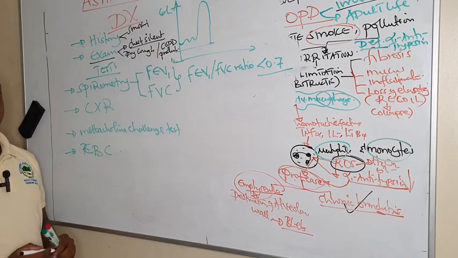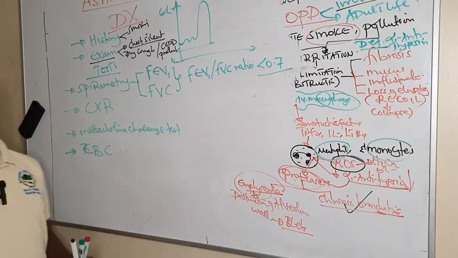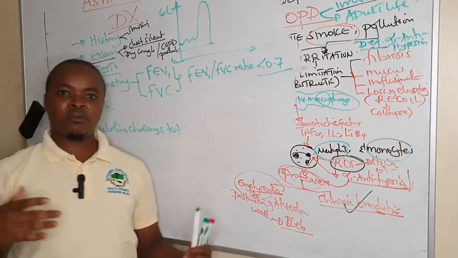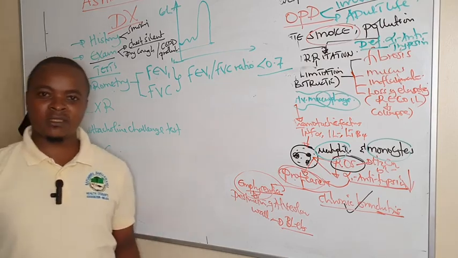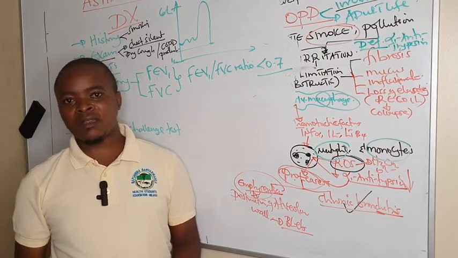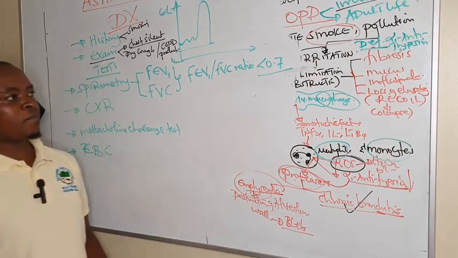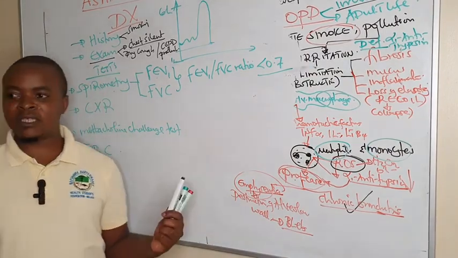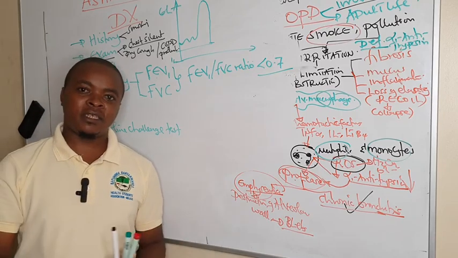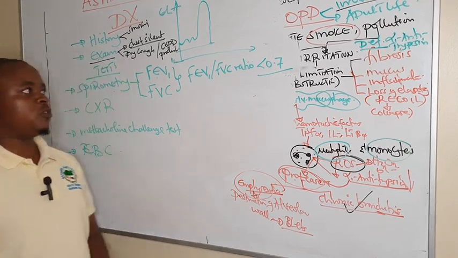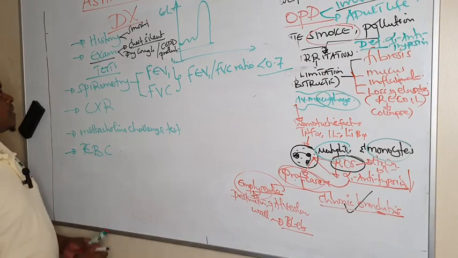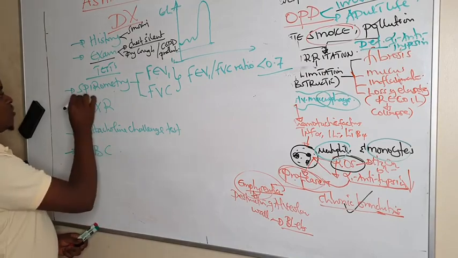When someone comes telling you that they have been experiencing productive cough, especially in the morning, for more than 2 or 3 months, and maybe they have a history of smoking, and they are hereditary, you can always suspect COPD. Then when you suspect COPD, that's when we can do spirometry.